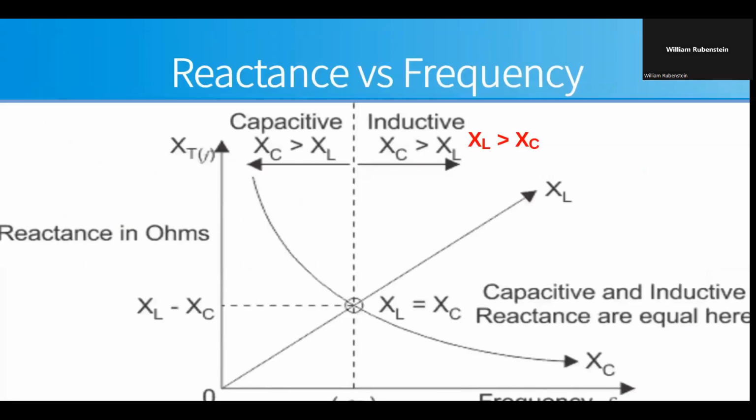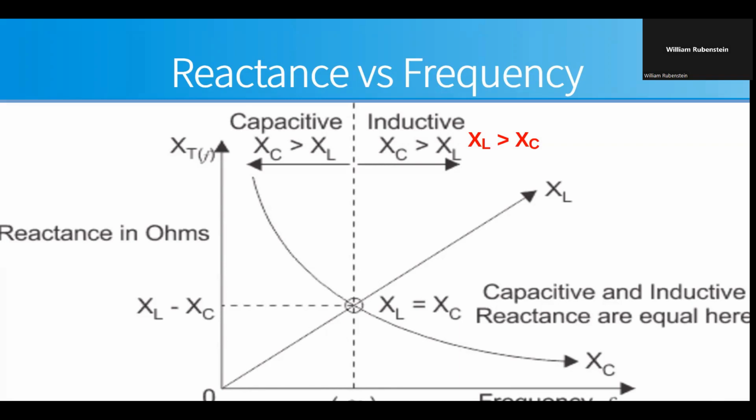Forgot on this one. We're showing the fact that the inductive and capacitive reactances cross at this point, and that's where that LC circuit would be resonant, because they cancel one another out. So all you have at that point is pure resistance.